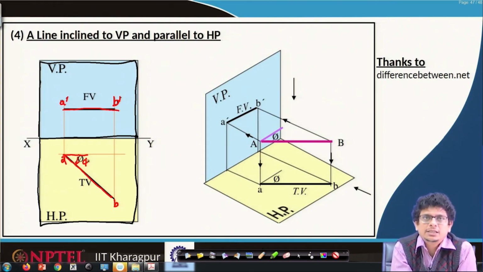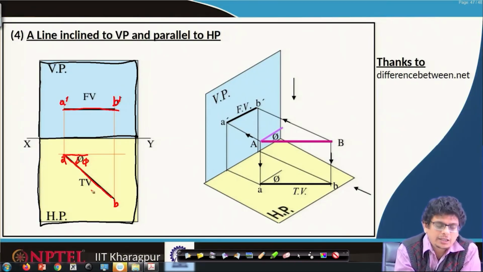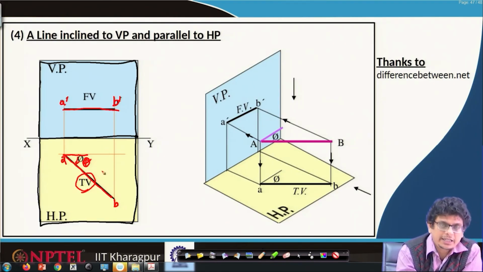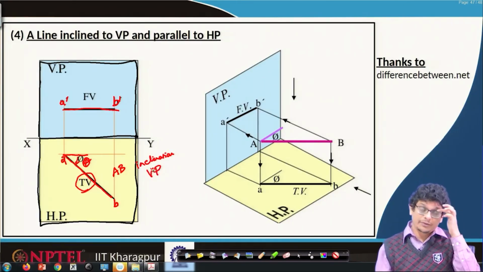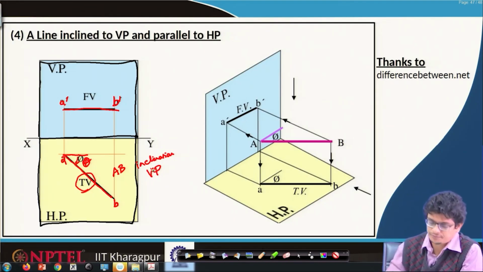In case we know this picture, that means in the top view the line AB, if it is making an angle phi with the horizontal, that indicates that this line AB in that first quadrant is making an inclination angle with respect to the vertical plane. This is the way we have to understand that.